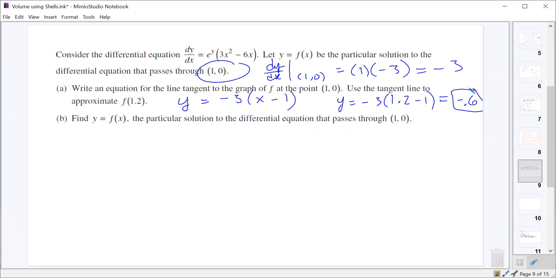They gave you 3 points for that, amazingly enough. 1 point for a slope of -3, 1 point for the equation, 1 point for the approximation. Good or no? Everyone good at home?